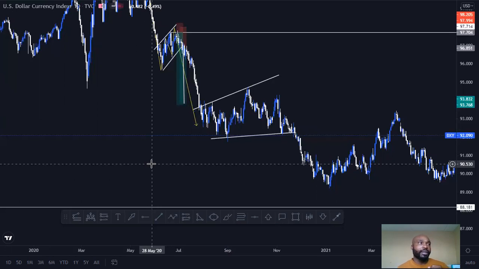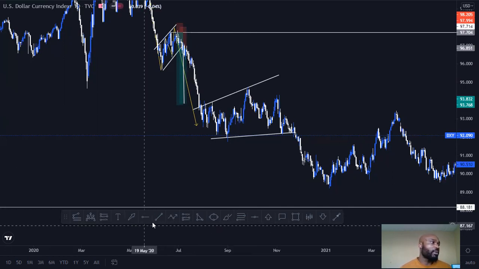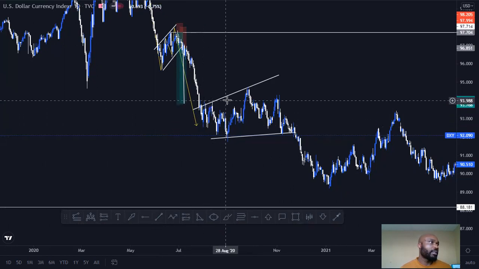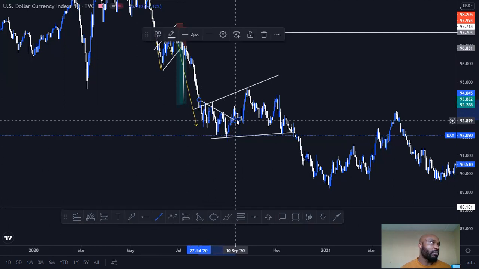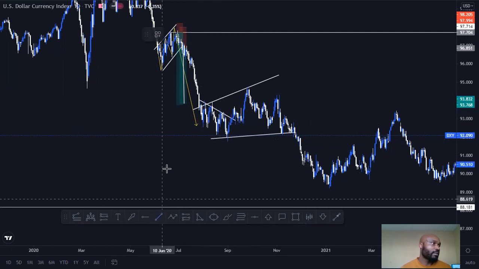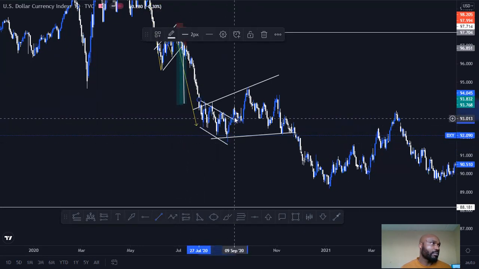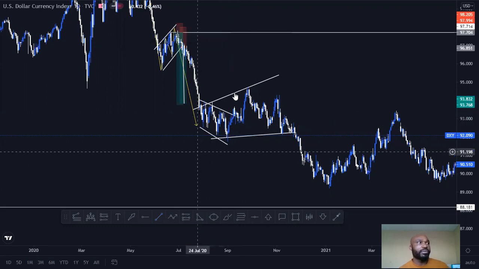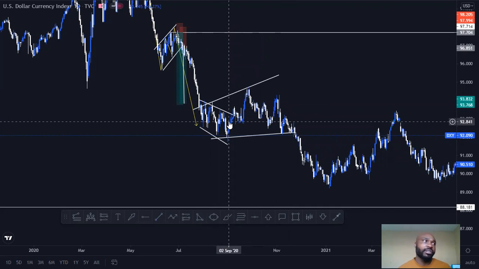So I need to do a video about those, because even right here we had a falling wedge. We had a falling wedge there, guys. So that is why you see price bought, okay, because a falling wedge is a bullish reversal pattern.